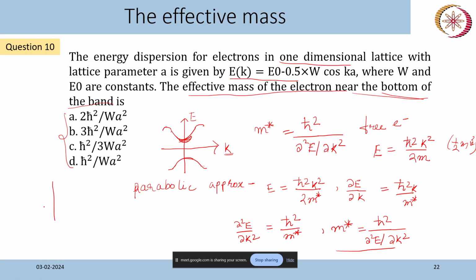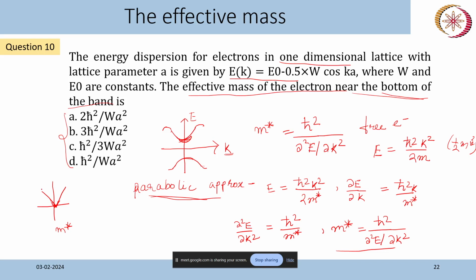Suppose the E-k relation is like this. We cannot fit a parabola here, right? And if we try to take this equation, the effective mass will be... So basically we cannot use the effective mass and the parabolic approximation for all kinds of E-k. That is what I wanted to say.